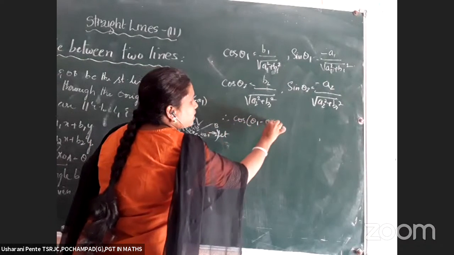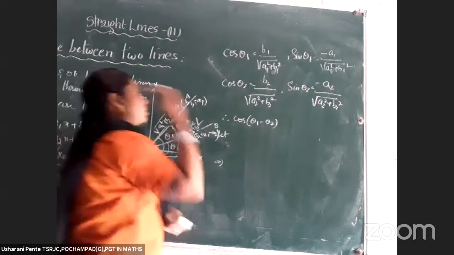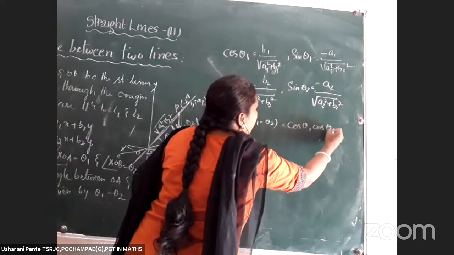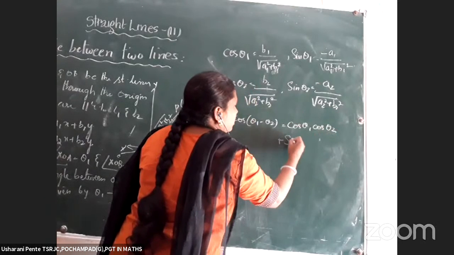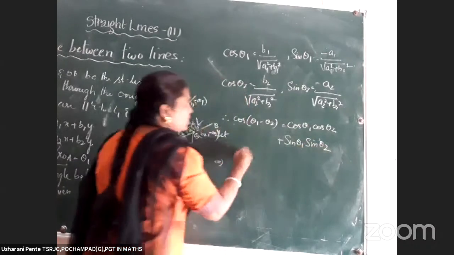Now, cos of theta 1 minus theta 2 is given by cos A minus B, that is cos A cos B plus sin A sin B. So we'll get cos theta 1 cos theta 2 plus sin theta 1 into sin theta 2. That is equal to how much?